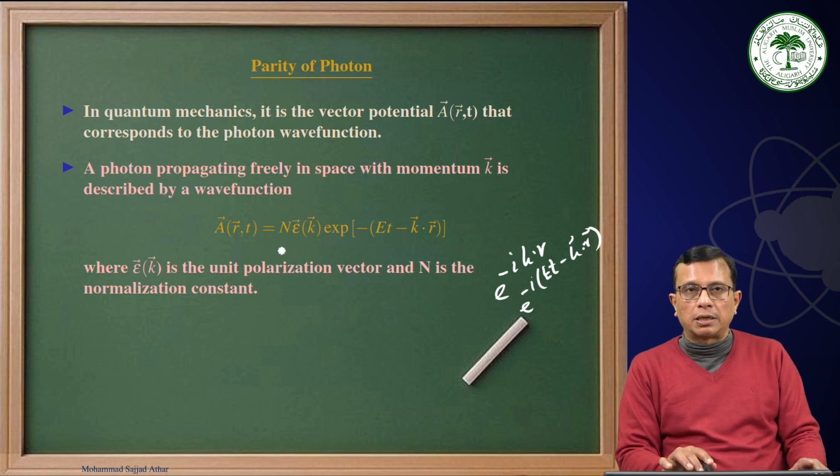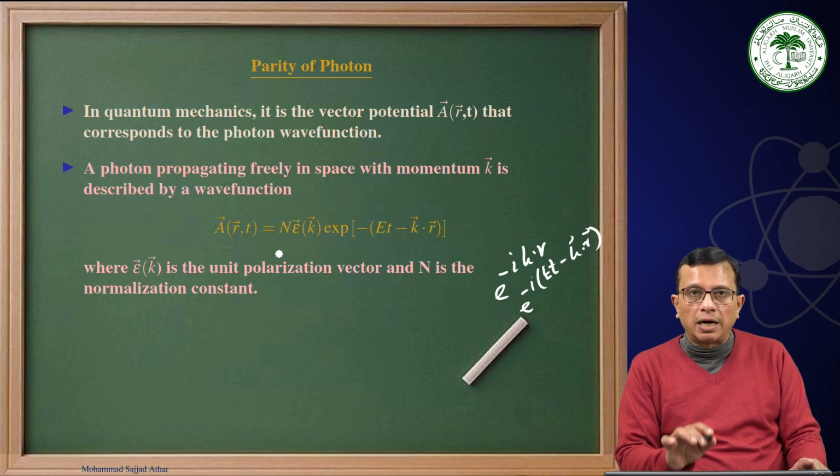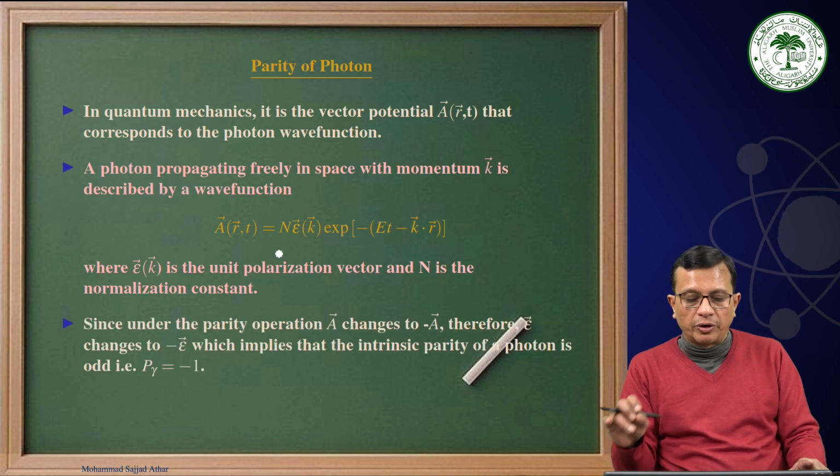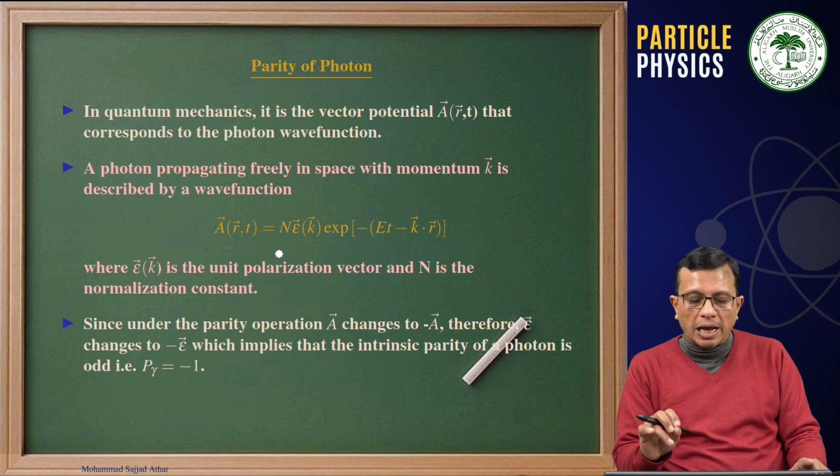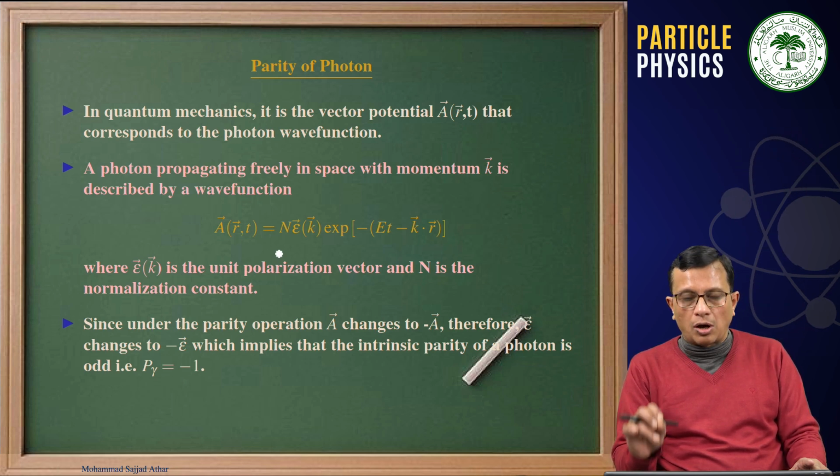N is the normalization constant, and that means if A is changing to minus A, the polarization vector of the photon is changing sign under parity operation. Therefore, if under parity A is changing to minus A, epsilon is changing to minus epsilon. And this implies that the parity of the photon is odd.